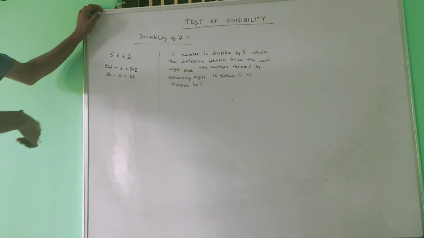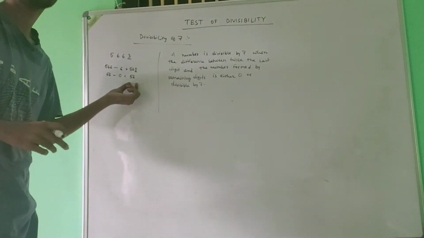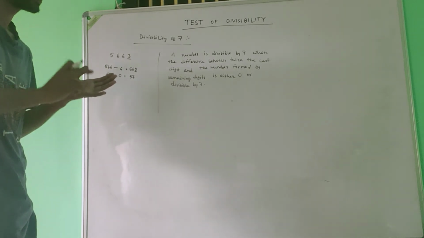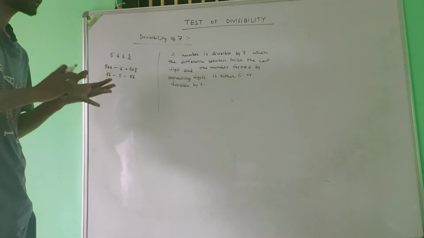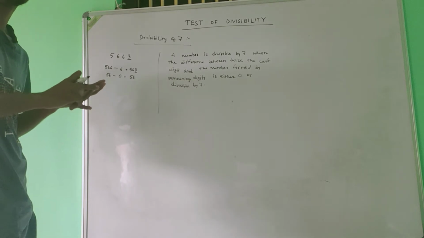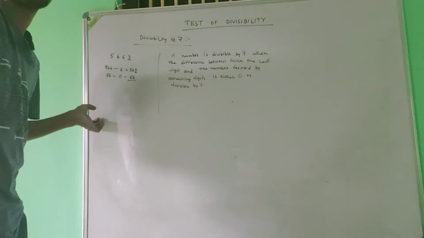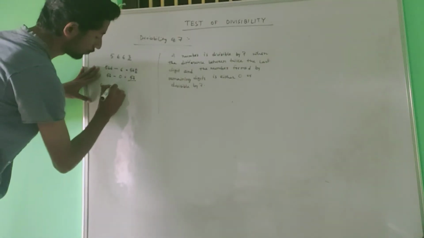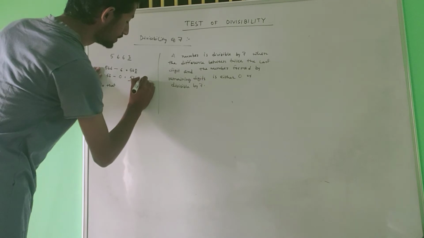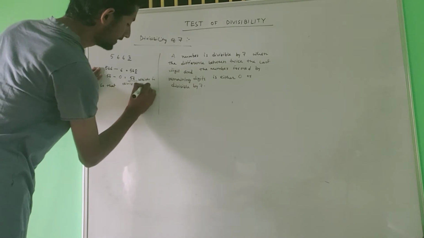Now 56 is divisible by 7. We'll count: 7 ones are 7, 7 twos are 14, 7 threes are 21, 7 fours are 28, 7 fives are 35, 7 sixes are 42, 7 sevens are 49, 7 eights are how much? 7 eights are 56, and we got 56 here, so it is divisible by 7.